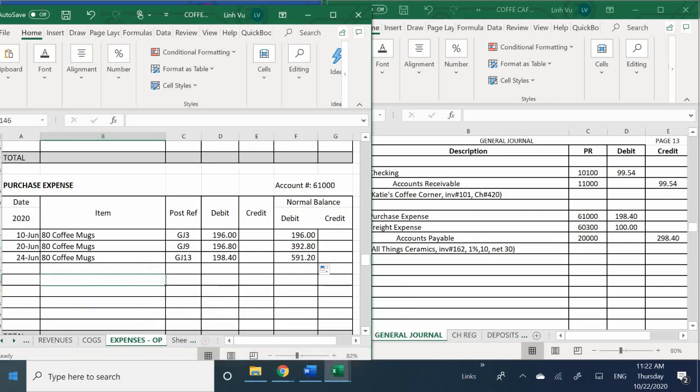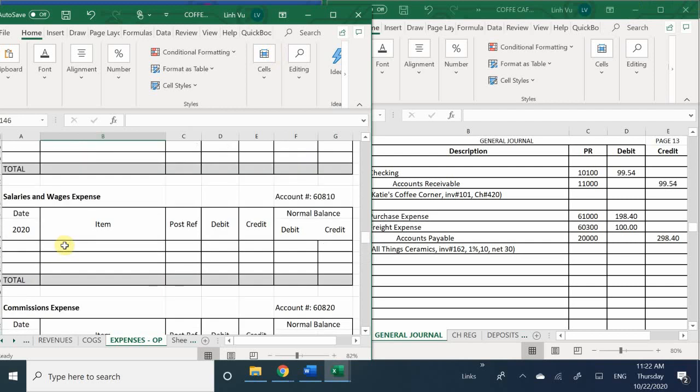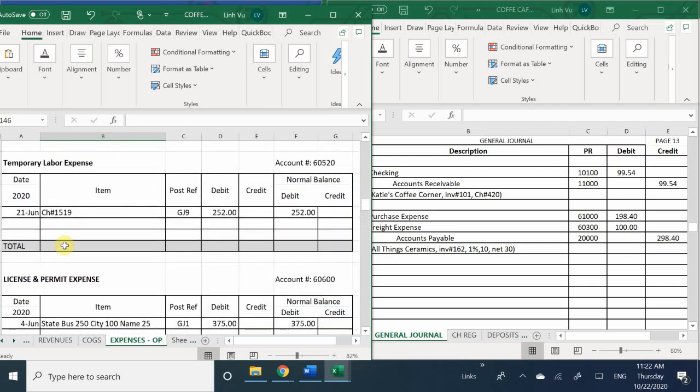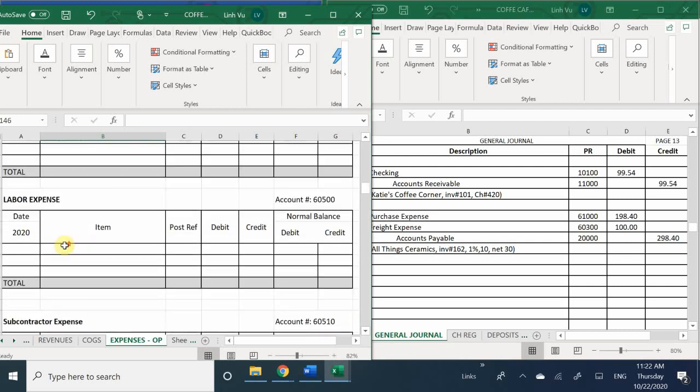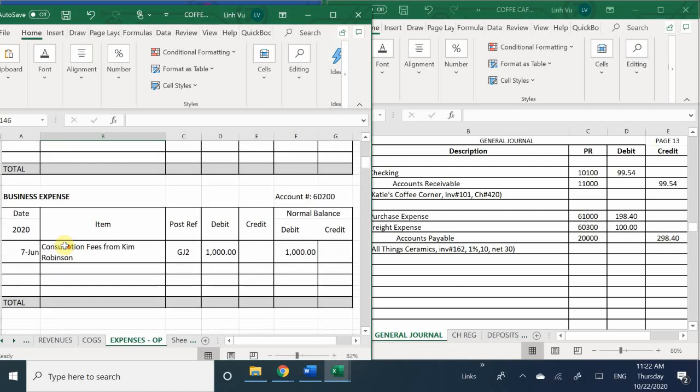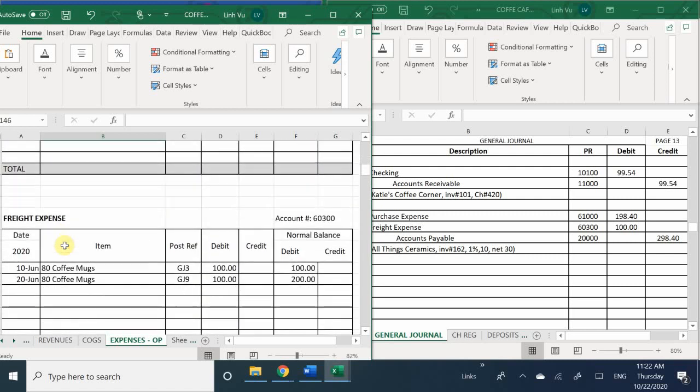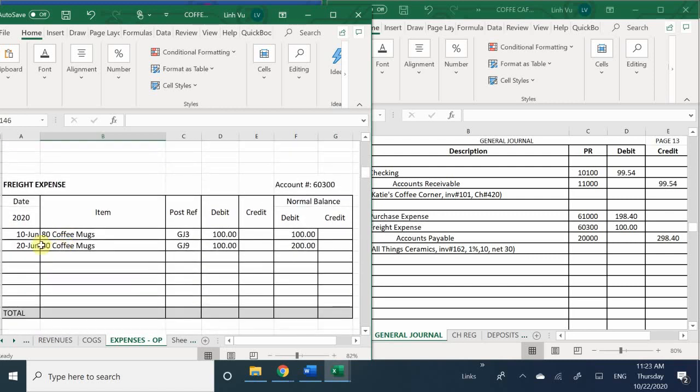All right, and we're going to go find our freight. Freight expense.